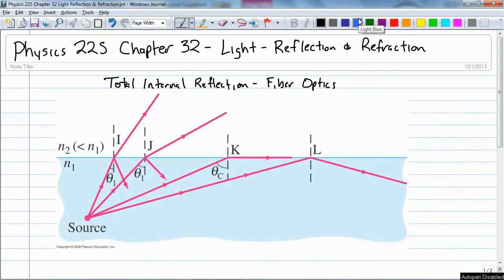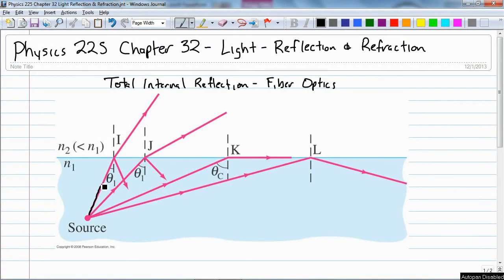In a situation where we have a light source that's in a medium with a refractive index that's greater than the refractive index at another boundary, some interesting things start to occur. So let's look at the angle that the light ray makes with the surface.